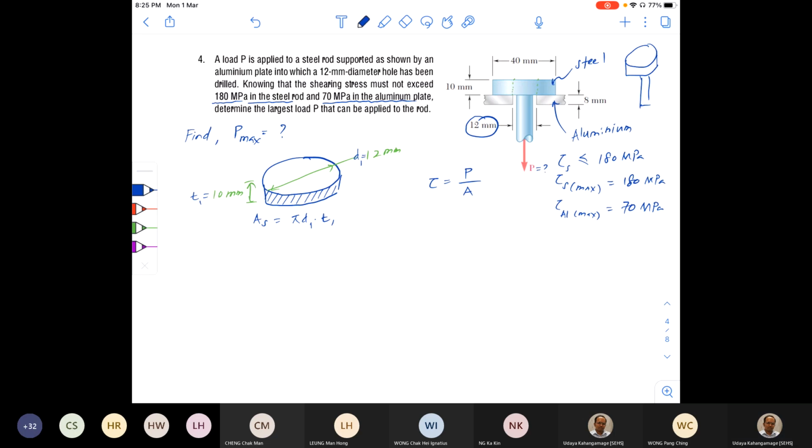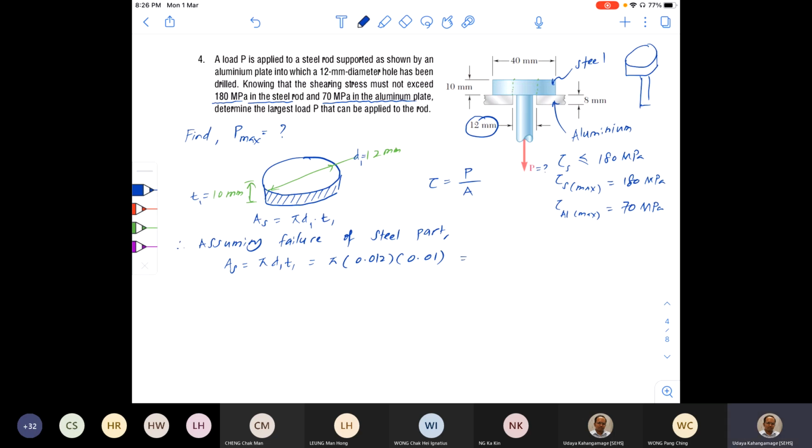Therefore, assuming failure of the steel part, the shear area AS is equal to pi D1 into T1, that is pi into D1, which is 0.012, and T1, 0.01.